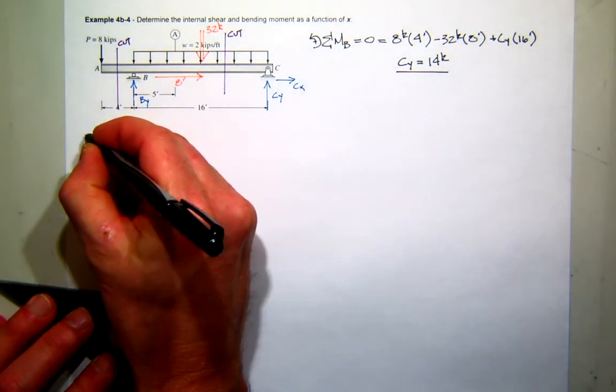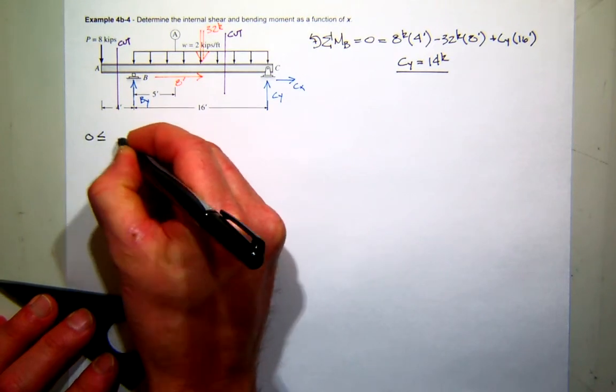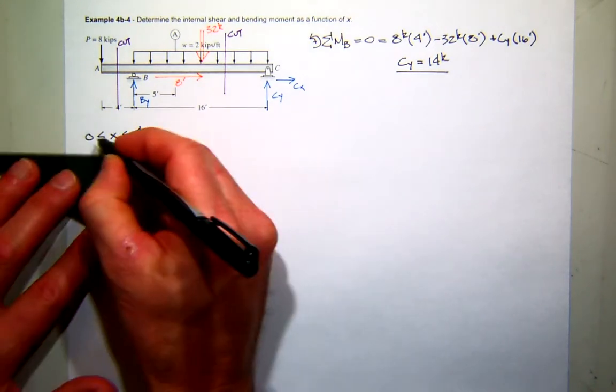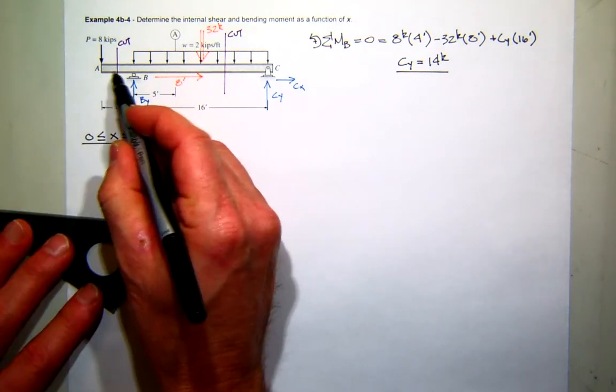So I'll do the first one between 0 and 4. So that's this little piece here.